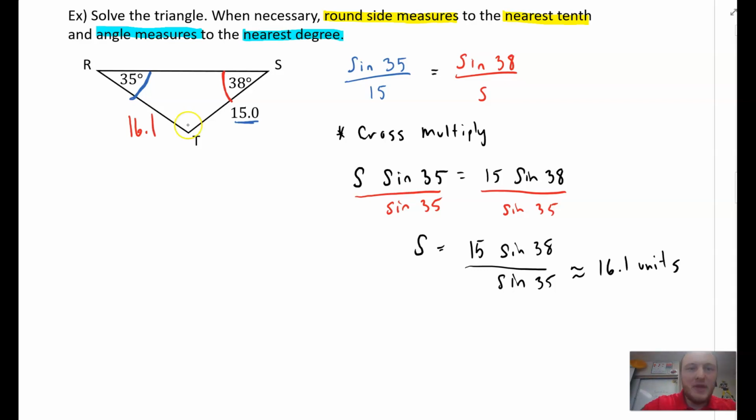Well, I'm missing angle T. If I want to find the measurement of angle T, that's equal to 180 degrees minus 35 minus 38 degrees, which is equal to 107 degrees. And there we have that. We're well on our way. Now all we have to find is the side opposite angle T, which is little t.